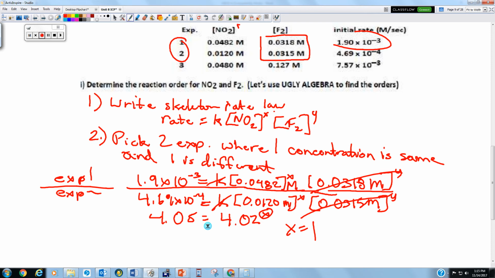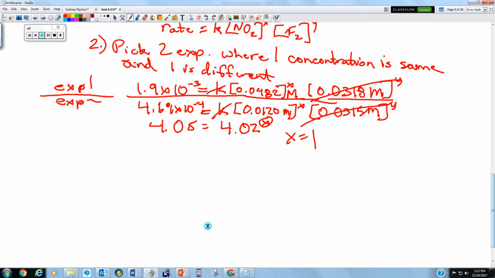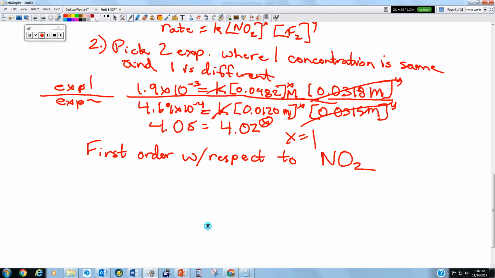So we would make the statement that this is first order with respect to NO2, and now we need to go ahead and solve for our y. So how are we going to solve for our y?